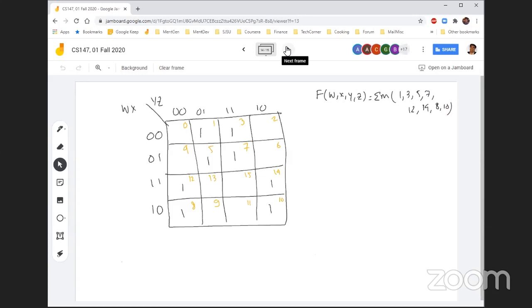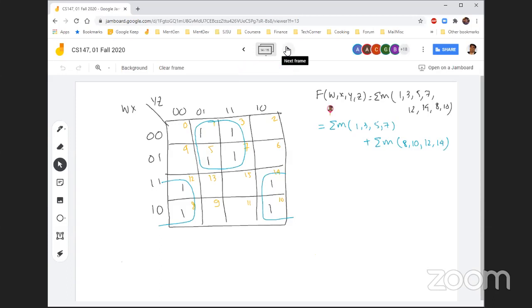One group would be this, another group would be this one. So this equals sigma m of 1, 3, 5, 7 or sigma m of 8, 10, 12, 14. Now, how do I write the first group?